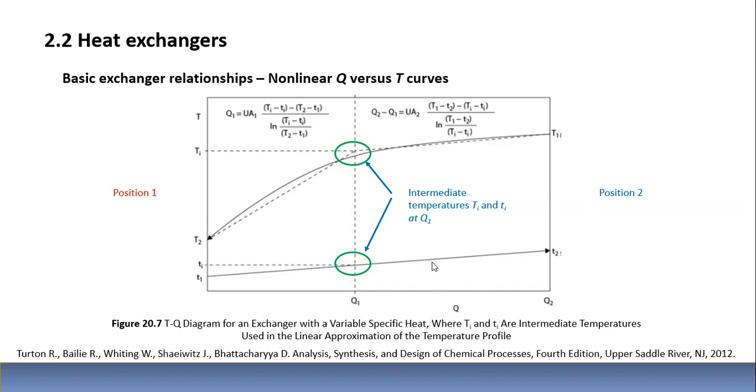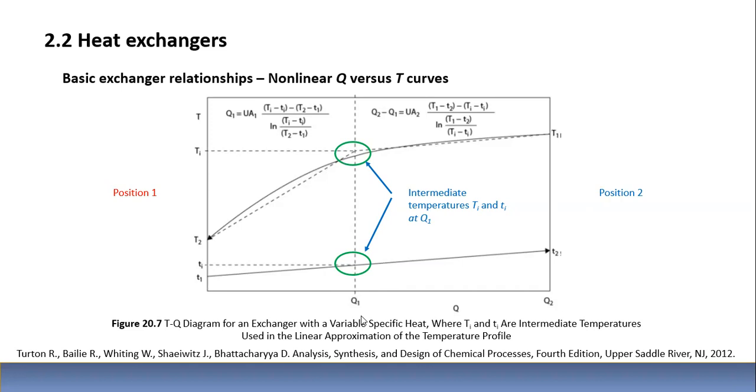And this is the real behavior of the cold stream, this straight line between the incoming temperature of the cold stream and the exit temperature of the cold stream. A very small positive slope. But to approximate this to an analysis by zones, this curve was approximated to a straight line, and that is why you see the dashed line.